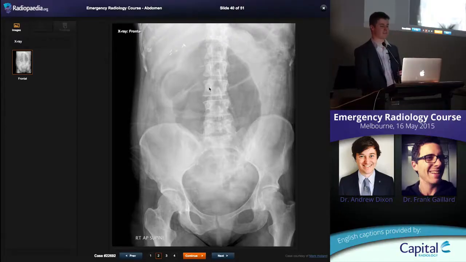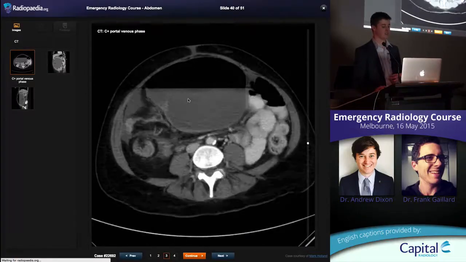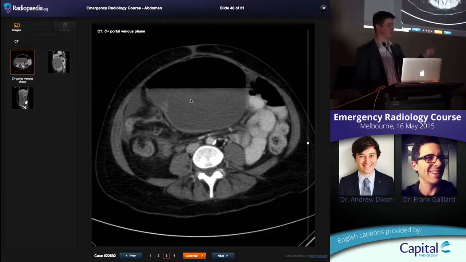And also it doesn't have that coffee bean sign or three lines. A sigmoid volvulus usually has one line here, one line in the centre, and another line out here heading down to that left iliac fossa. So this is a good appearance for a cecal volvulus. On CT you can relatively easily determine it. Remember, you only get volvulus if the structure is on a mesentery, okay?